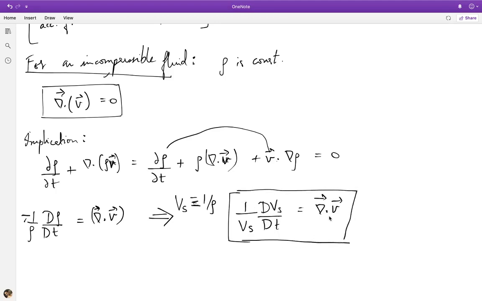And what it tells us is that the divergence of velocity represents the relative change of volume of a fixed amount of mass. Therefore, if the fluid is incompressible, then a fixed amount of mass can never change its volume, and it means that the divergence of velocity should be 0. So this is just a way to understand what this statement means and how it relates to the fact that the fluid is incompressible.